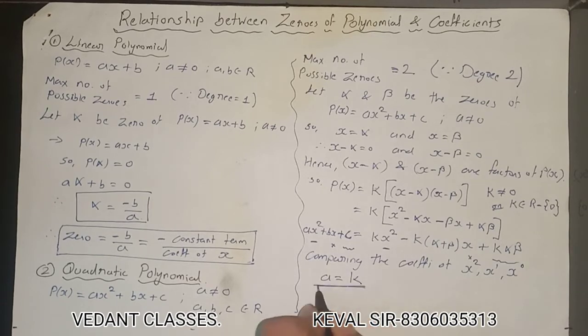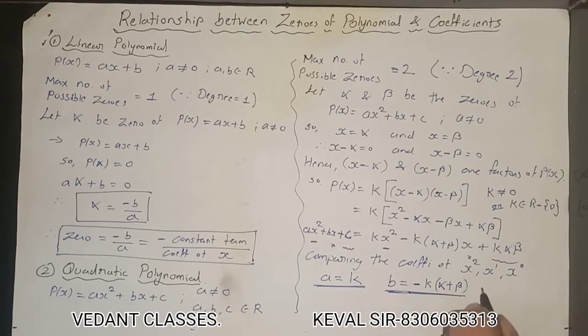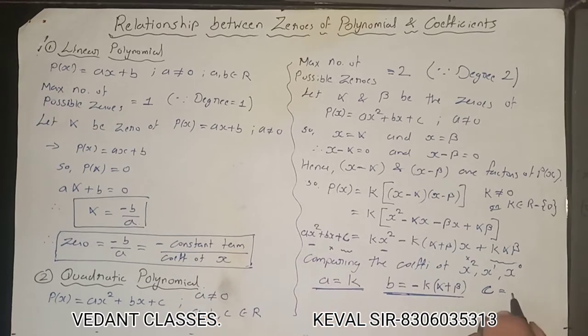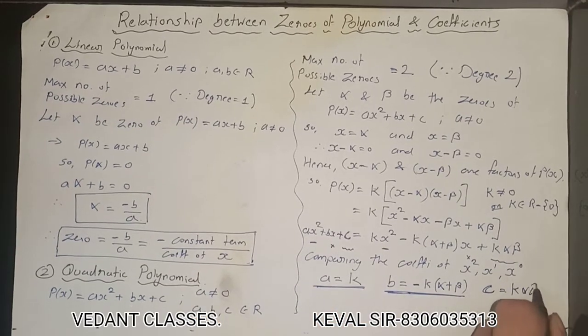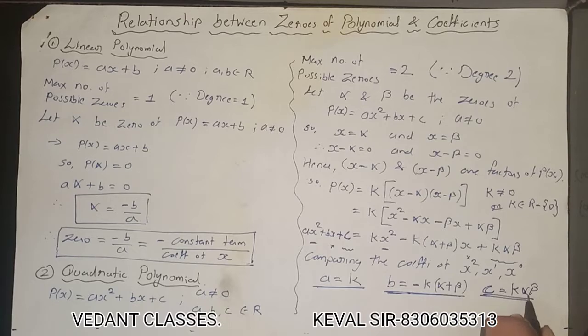Then the value of b will be equal to minus k alpha plus beta, and the value of c will be equal to k alpha beta, right? So these three values now we are having.